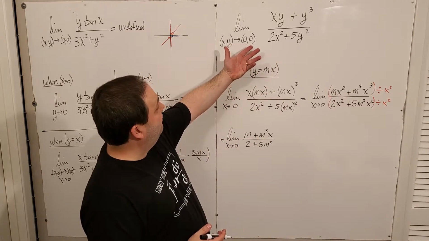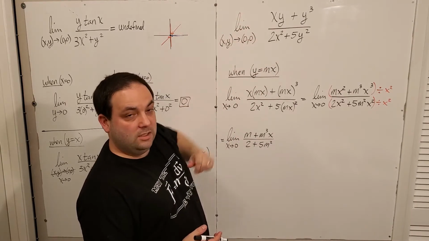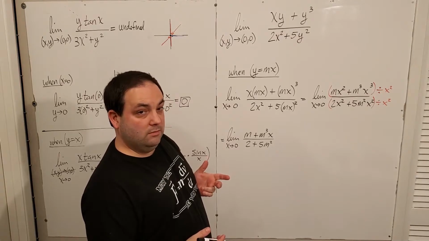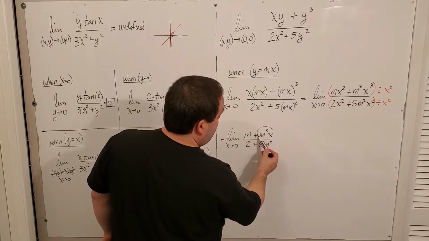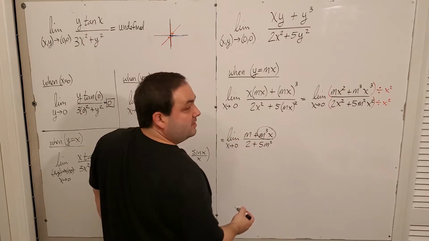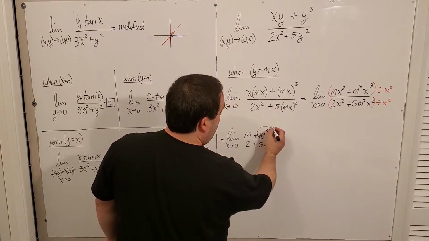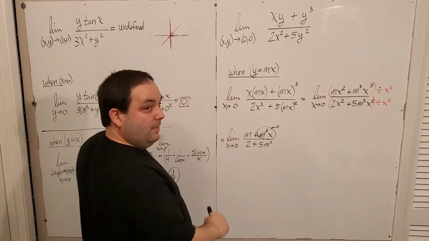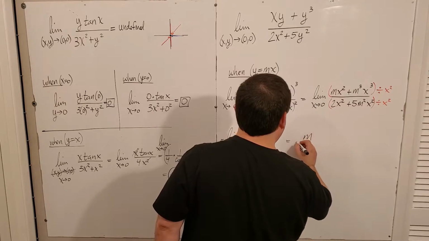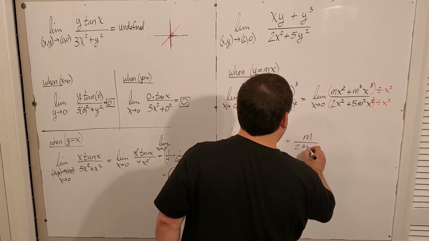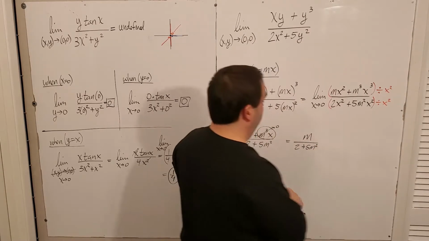Whereas in the very beginning, if I plugged in 0, I'd get 0 over 0, indeterminate. Here, the limit as x goes to 0 just affects this piece, because everything else doesn't have an x. So this piece goes to 0 with the limit. So what we have for our limit value is m divided by 2 plus 5m squared.